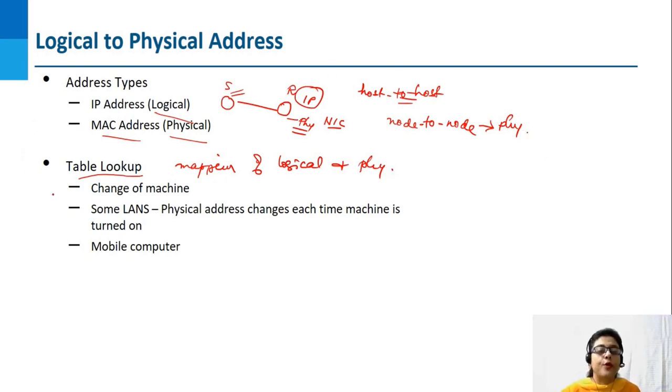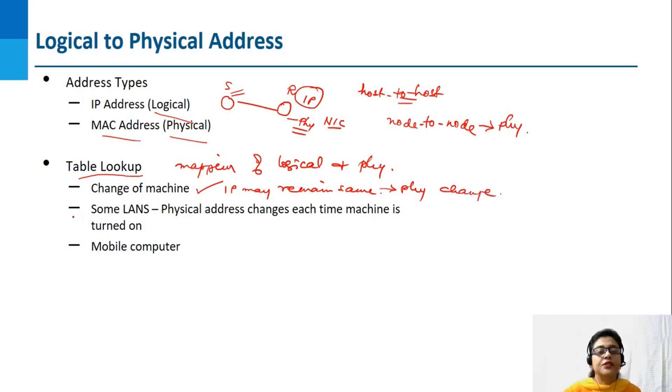But there are certain problems. There may be a change of machine. If the machine changes, the IP address may remain same, but the physical address may change.